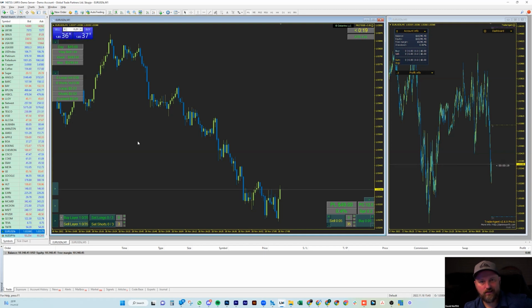Because your volume is down, and that helps to ignore price structure when you don't have opposing forces fighting back and forth. So if you have more bulls on one side or more bears on one side, that can drive the market.